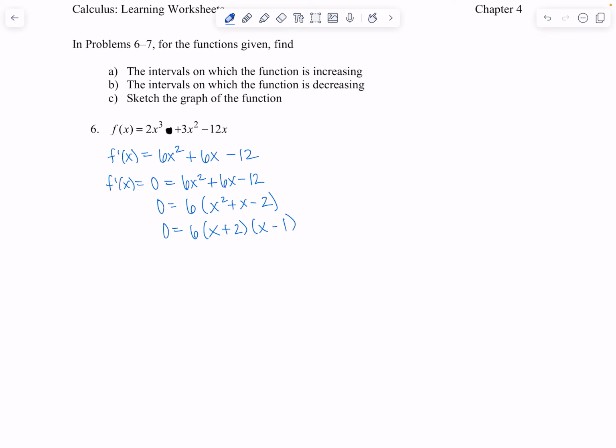So x plus 2 equals 0, x equals -2, and x equals 1. So we will look around -2 and +1. So let's look at -3, let's look at 0, and let's look at 2.